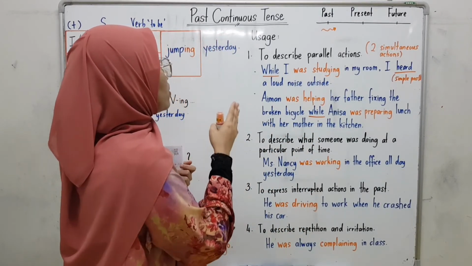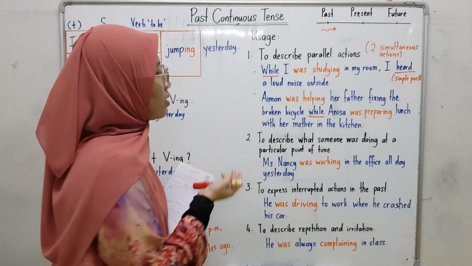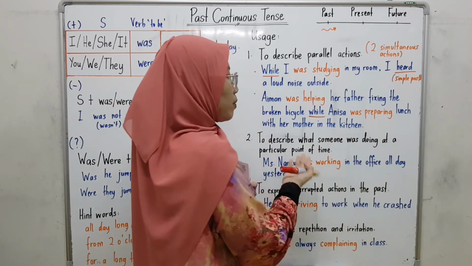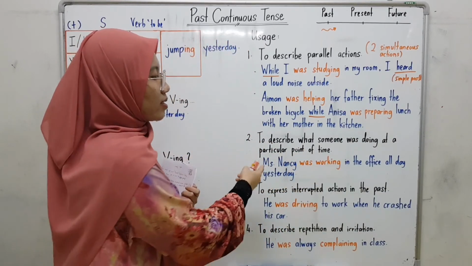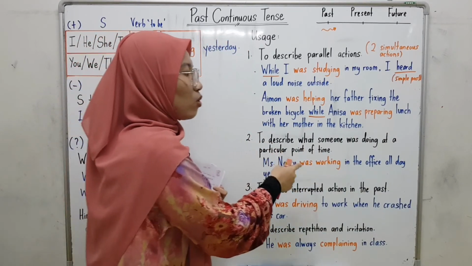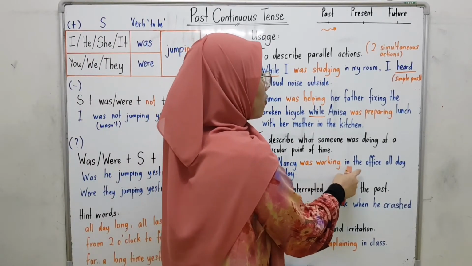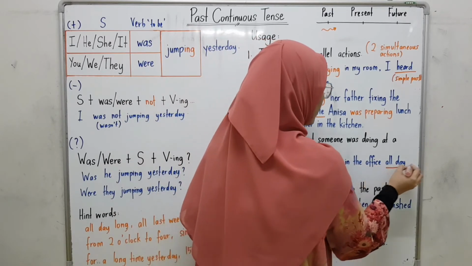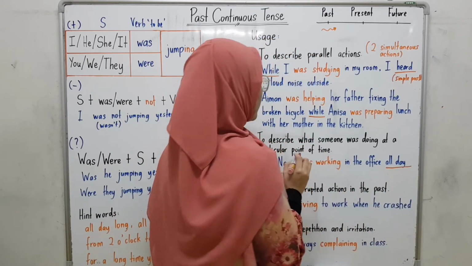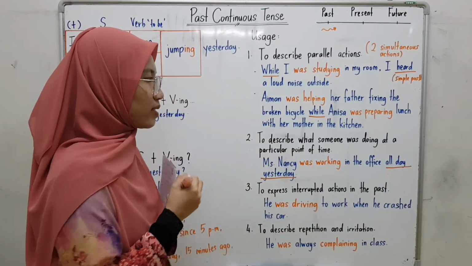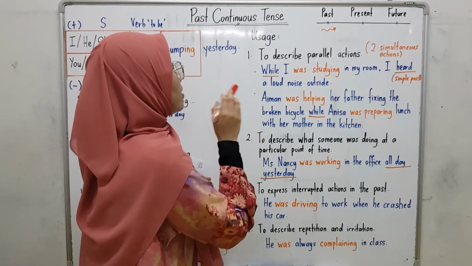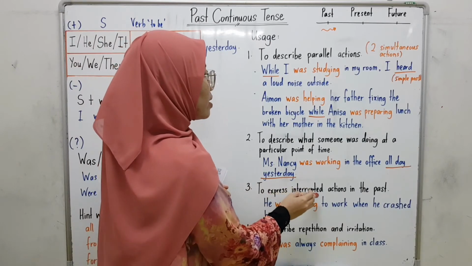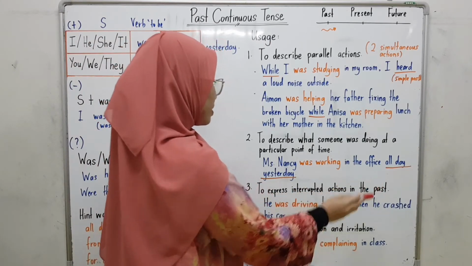Another usage of past continuous tense is to describe what someone was doing at a particular point of time. For example, Miss Nancy was working in the office all day yesterday. All day yesterday indicates past continuous tense, sepanjang hari.